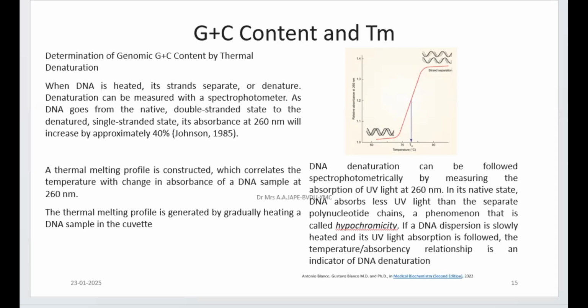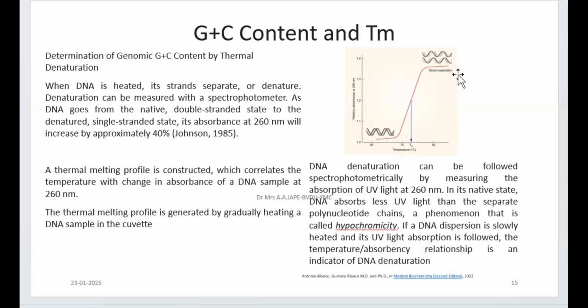Can we monitor this denaturation? As you can see in the slide over here in the schematic diagram or graphical representation, at the start of the experiment you have double-stranded DNA, and at the end of the experiment it is shown with two separated DNA strands, ssDNA.